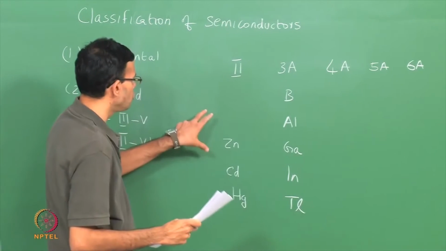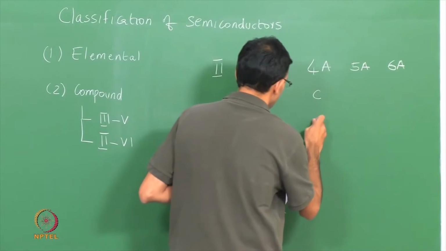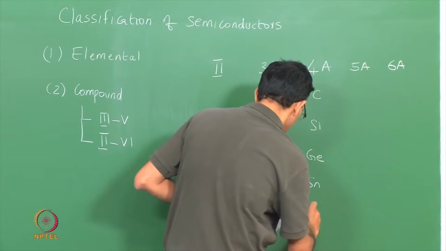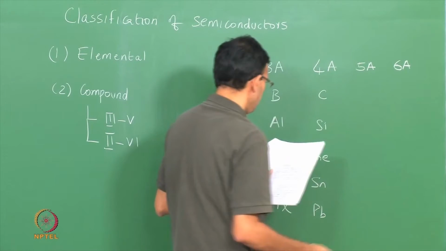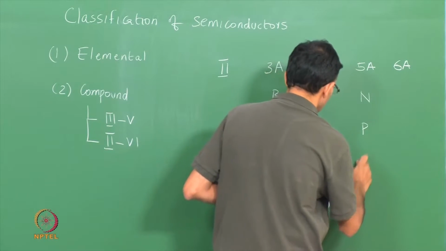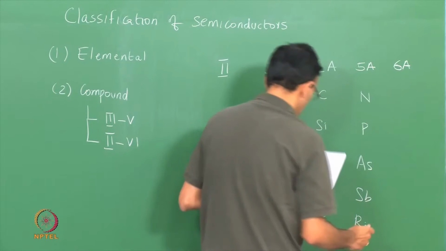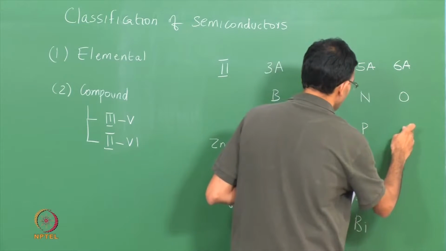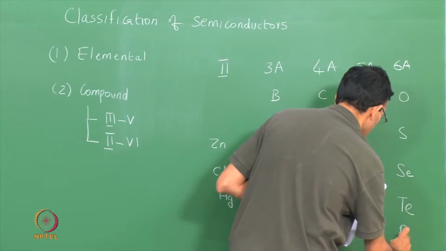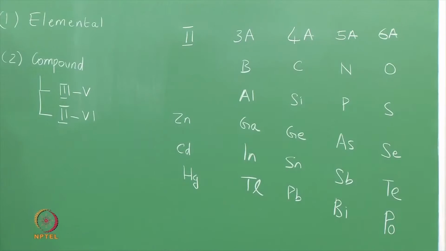I am writing the elements from group 2, 3, 4, 5 and 6. Group 5, and then group 6, so this is just a portion of the periodic table.